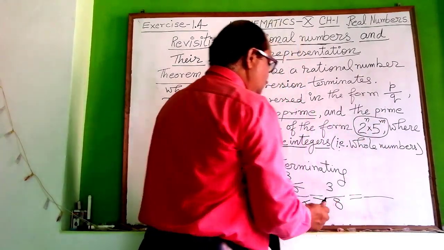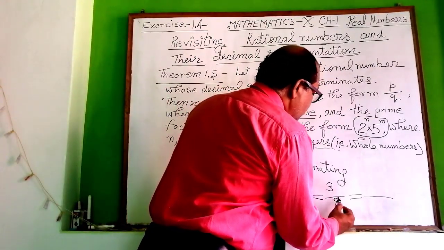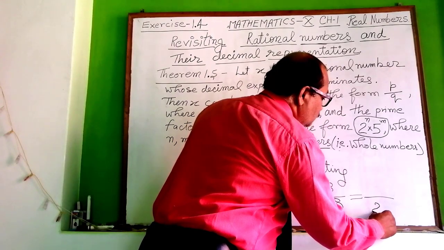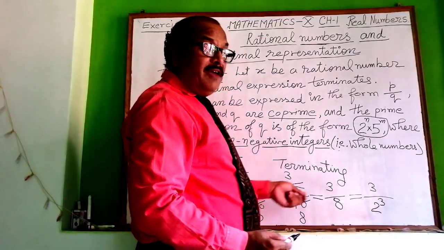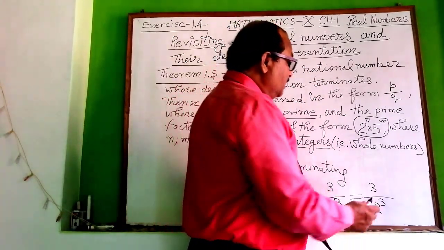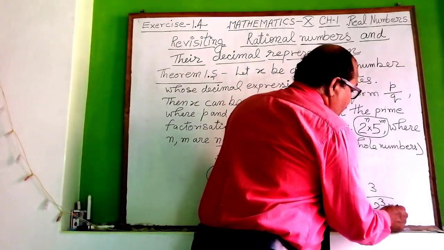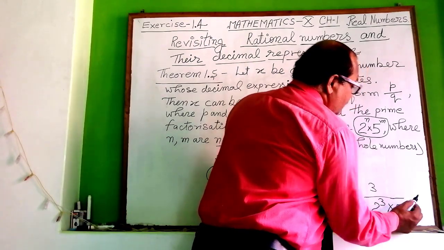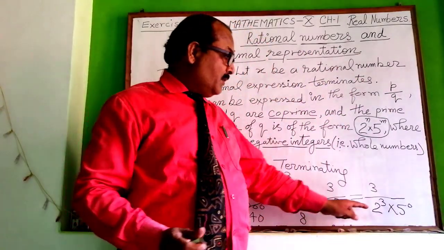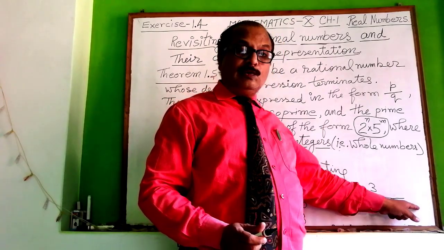So I am going to write its prime factorization: 2 raised to the power 3. You can see 5 is not here. It means 5 is not present, so 1 is here in the product. You can write it in the form of 5 raised to the power 0.